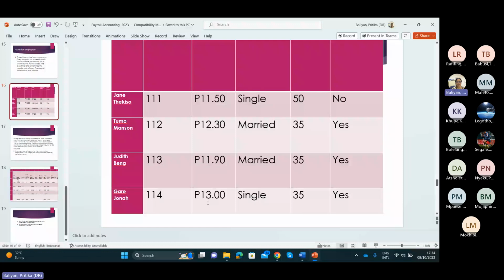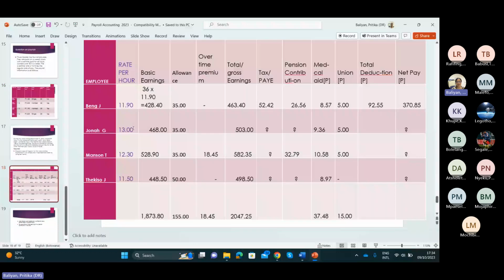He worked for 36 hours. So how much will be the basic earning for him? 36 times 13, 468 pula, right?